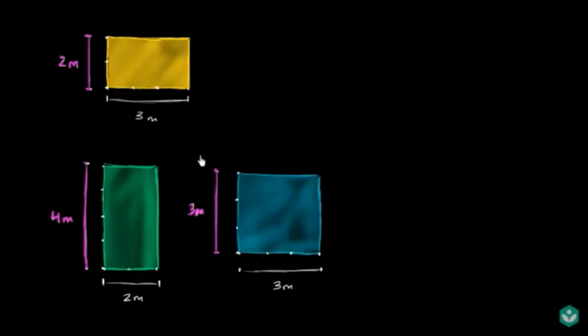So let's think about how much space they each take up on my screen. Since all of the dimensions are in meters, I'm going to measure the area in terms of square meters. So let's see how many square meters I can fit onto this yellow rectangle without going outside of its boundary and without overlapping. So I can fit 1 square meter. Remember, a square meter is just a square where its length is 1 meter and its width is 1 meter.